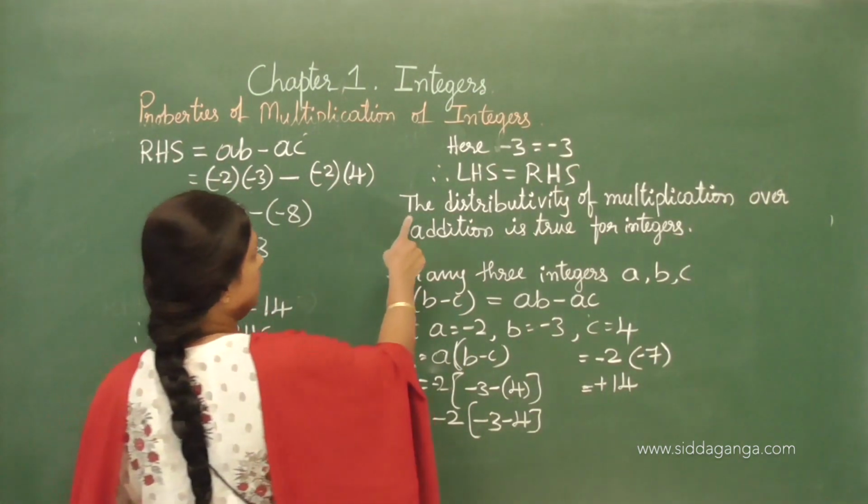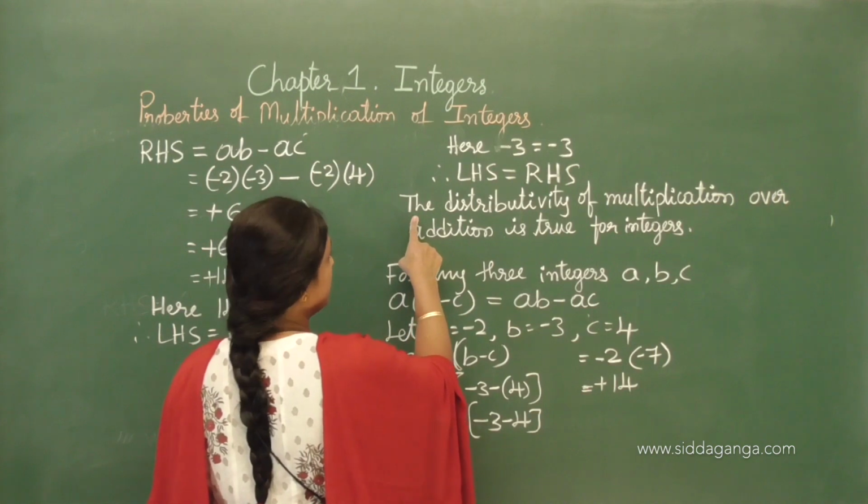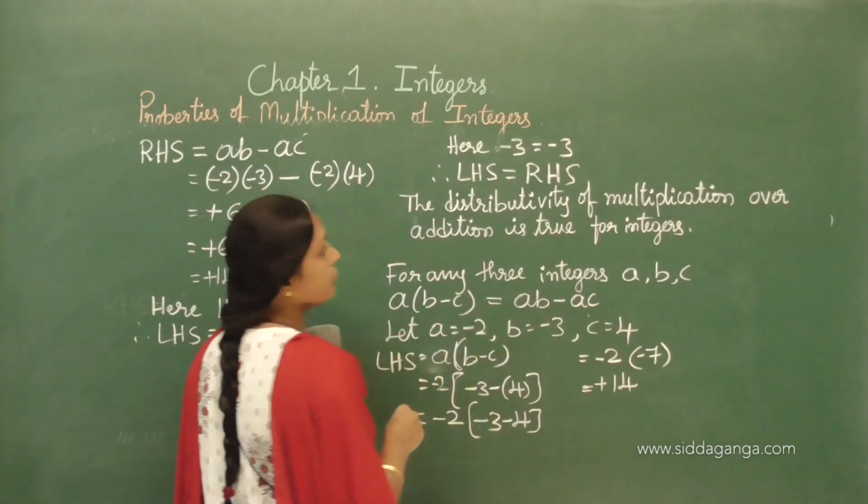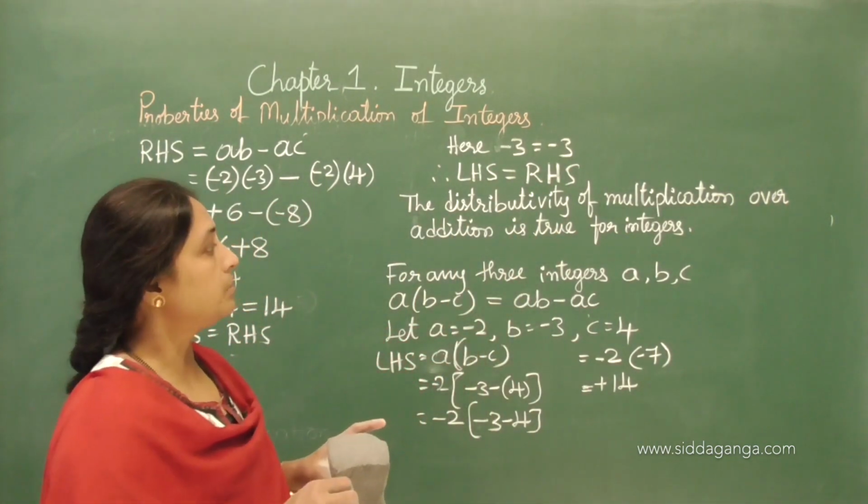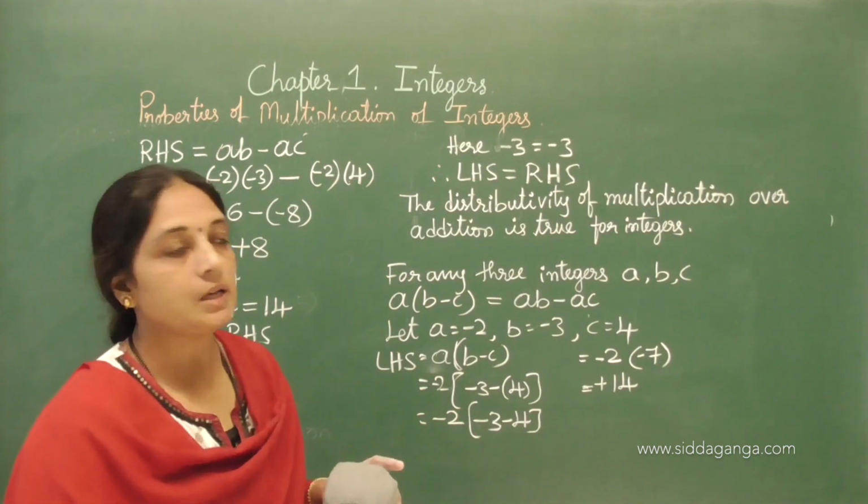Then what can we write? The conclusion can be written as the distributivity of multiplication over subtraction is true for integers.